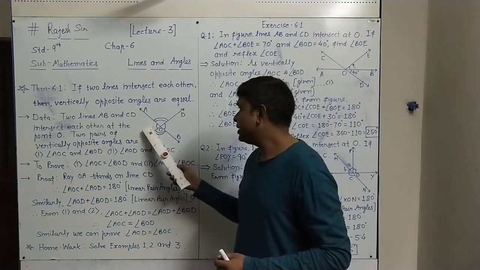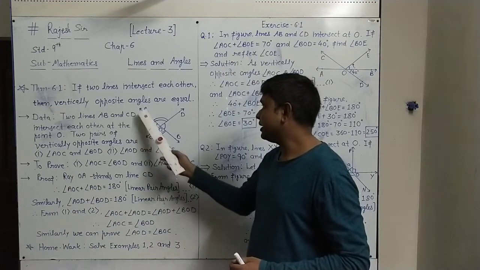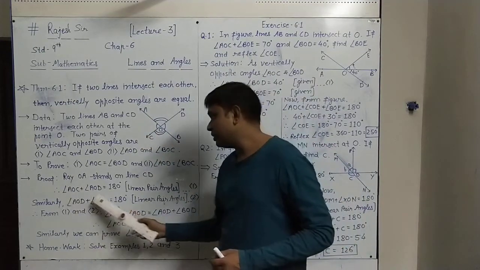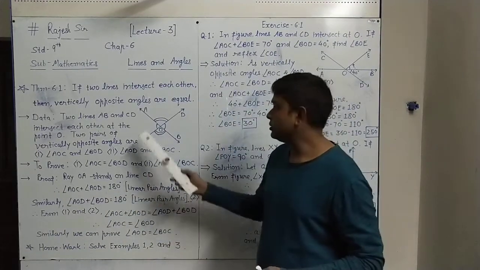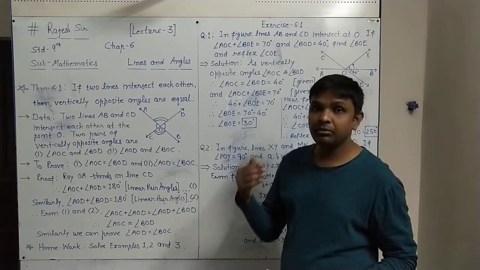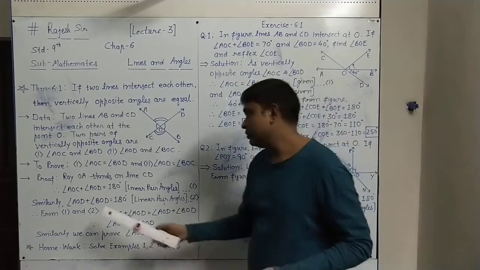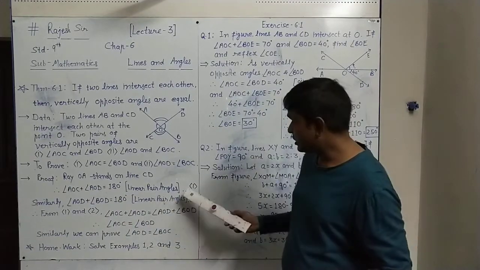These two angles are angle AOC plus angle AOD. The sum will be 180 because they form a linear pair. This is result 1.